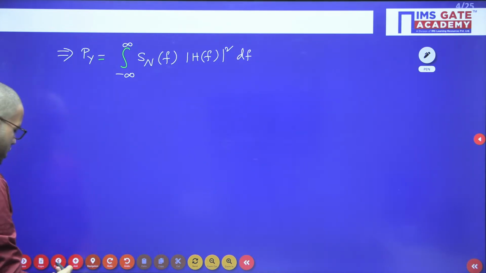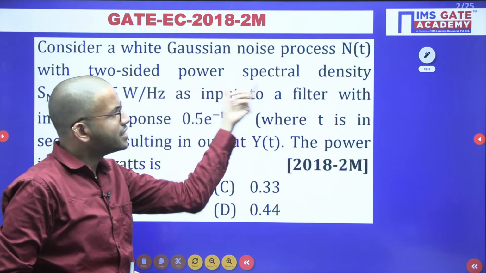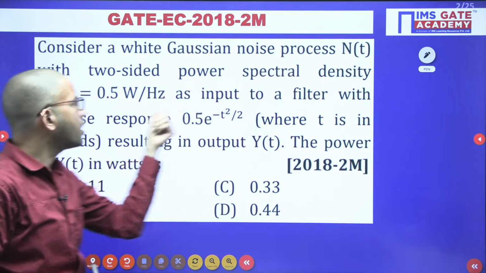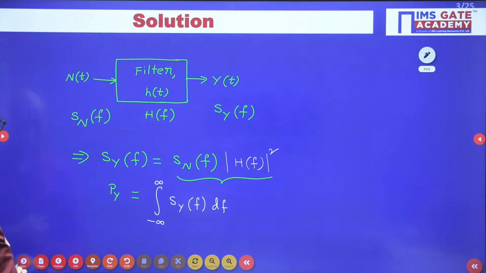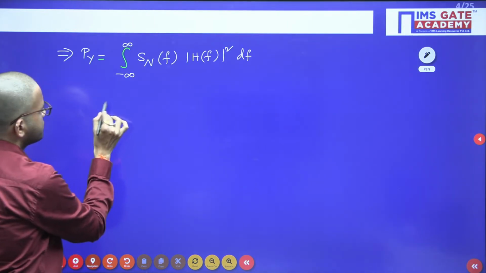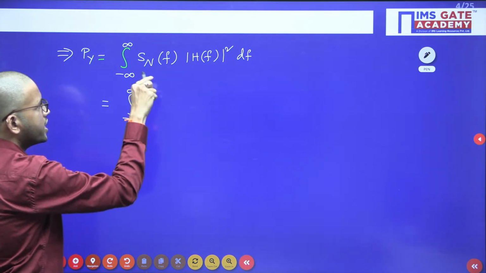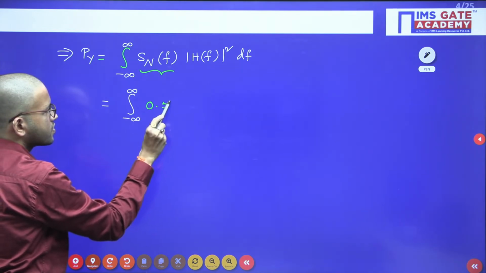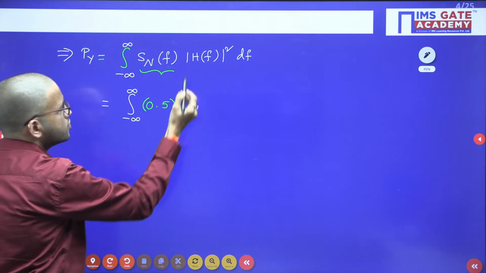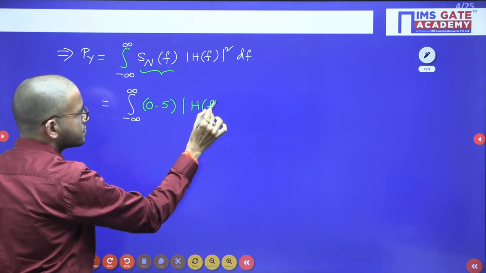So according to the given question, the power spectral density of the white noise is already mentioned, that is 0.5 watt per Hz. So 0.5, integral from minus infinity to infinity, and then you have magnitude of H of f whole square df.